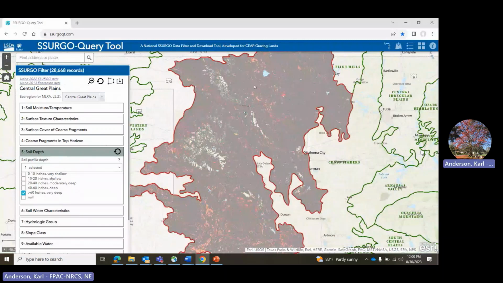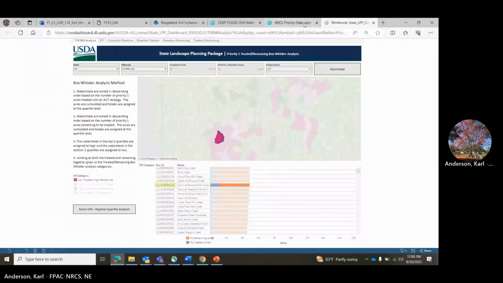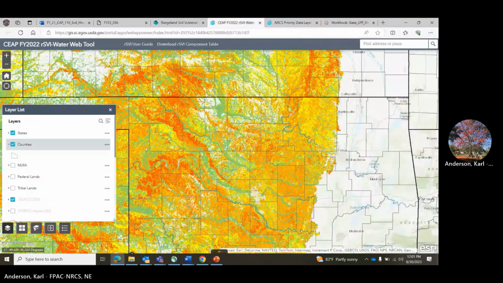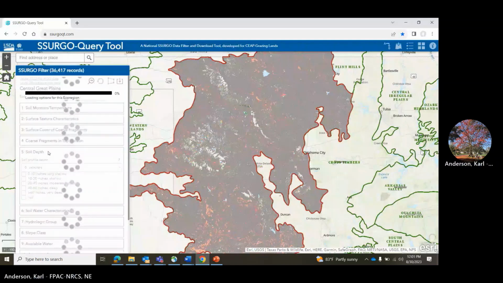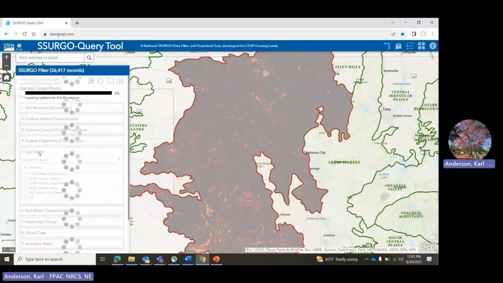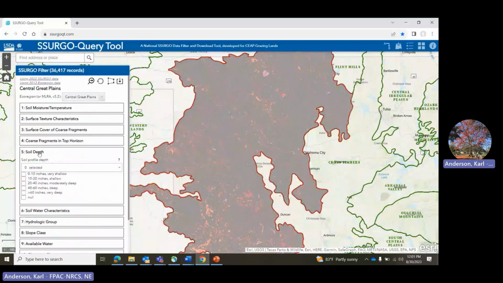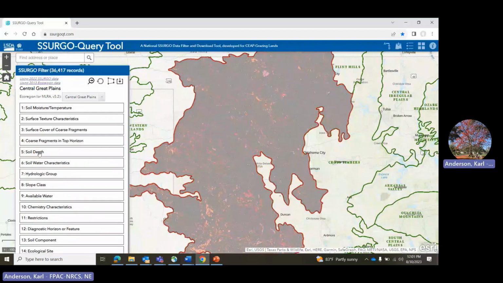In fact, if you remember from that layer here, you can see this ridge that comes through here. That kind of lines up with a very sensitive area that also lines up. You can see some of that through here. Okay. So maybe in that area, it means that doing a range planting or a pasture and hayland planting may not be a very good idea.